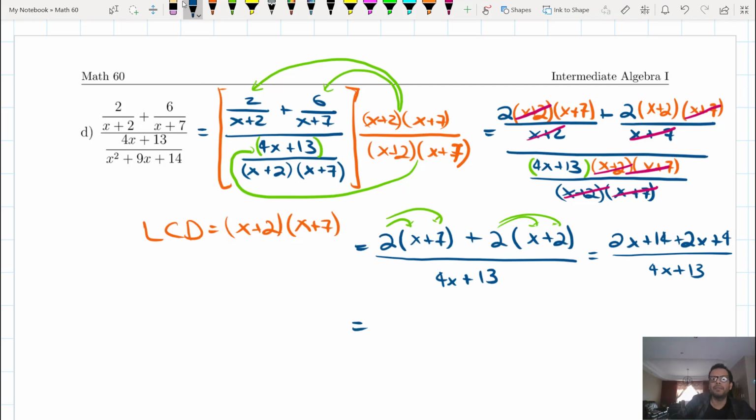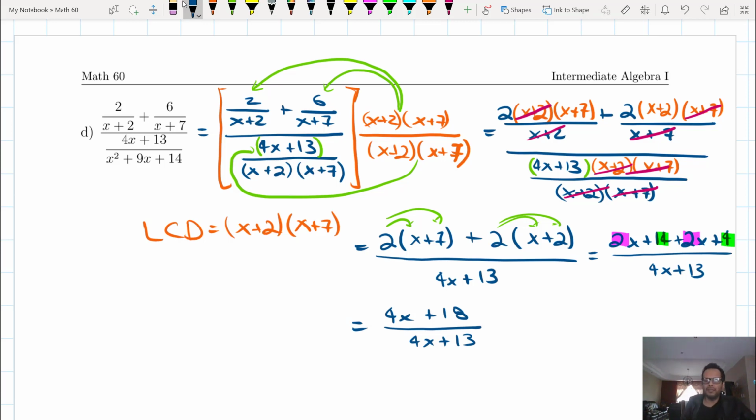Now let's simplify, let's combine like terms in the numerator. x's with x's, 2x plus 2x, and numbers with numbers, giving us 2x plus 2x, which is 4x, and 14 plus 4, which is 18, right? And 4x plus 13 is simply 4x plus 13, all right?